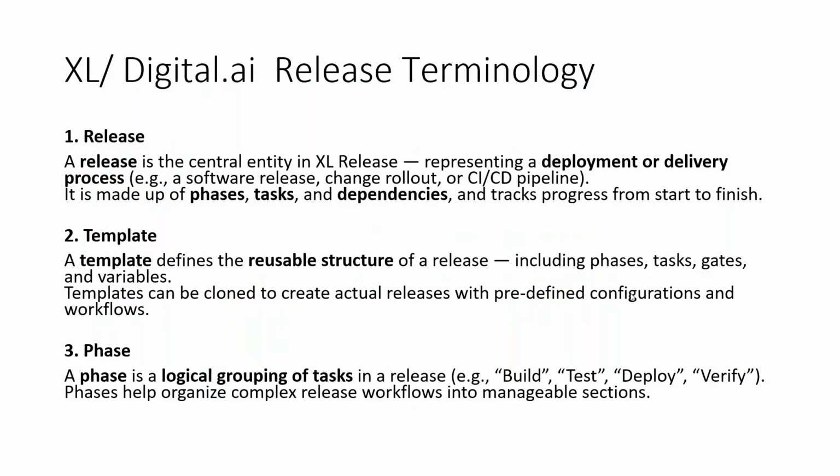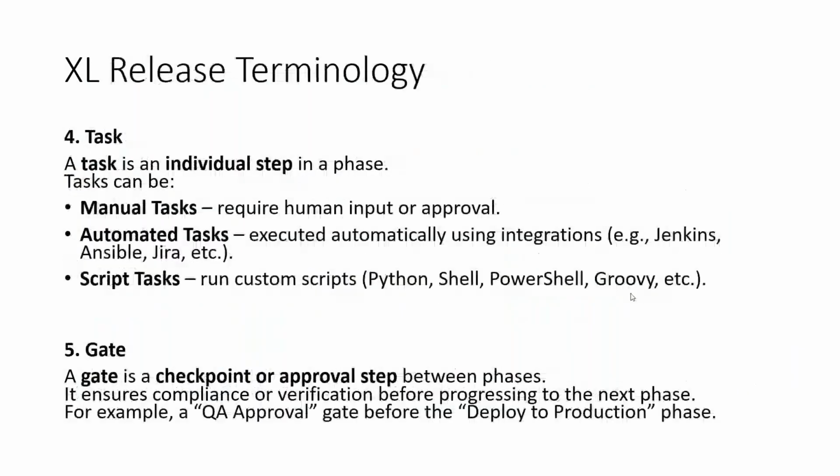Workflows I'll discuss in another session. That's a different topic. Phases. A phase is a logical grouping of tasks in a release, like build, test, deploy, verify, and so on. Phases help organize complex release workflows into manageable sections. A task can be inside a phase, and it can be any script, web script, or command you want to run.